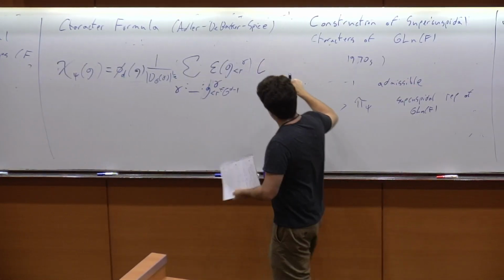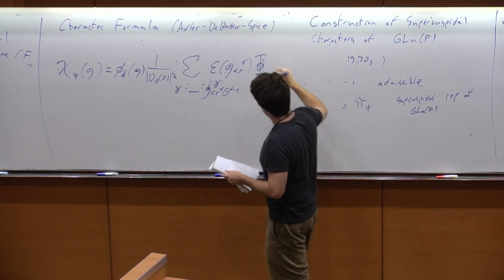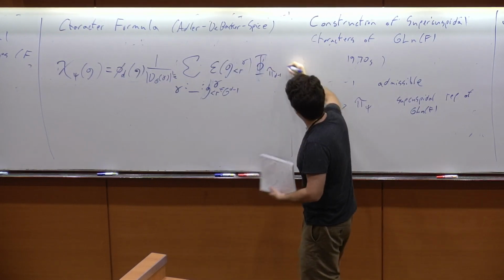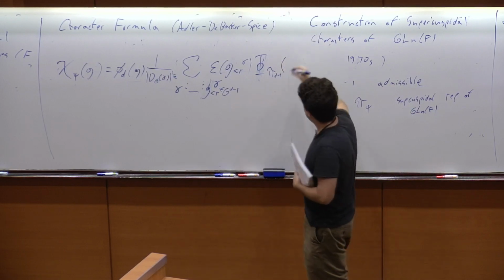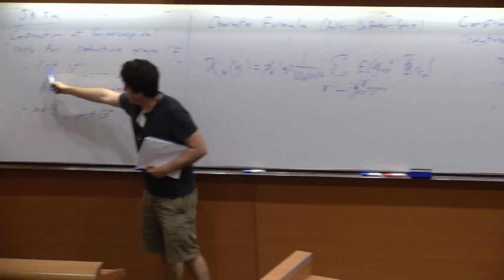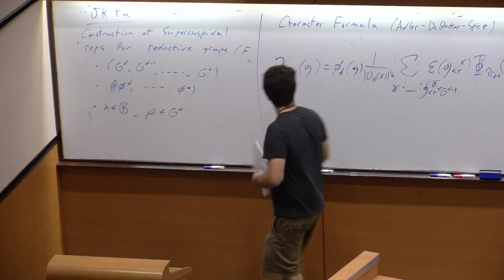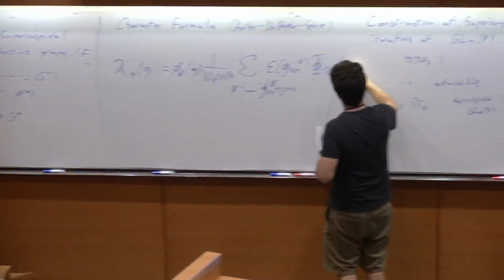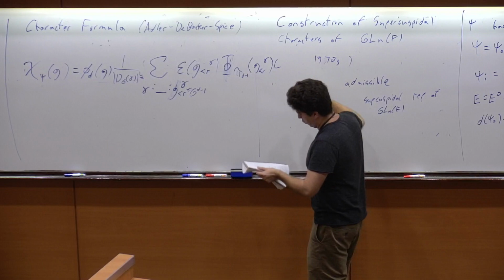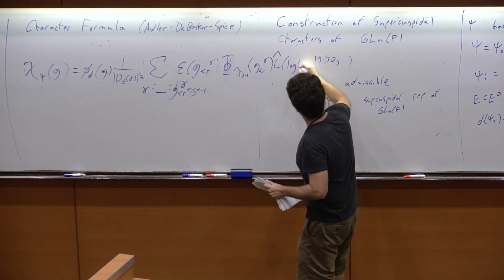And then you multiply this by the normalized character of one representation down. The construction is inductive, so you have to first build a character of G0, then G1, then G2, all the way up, and you plug this in here. And then there's also an orbital integral, a Fourier transform of an orbital integral, which appears in the formula.